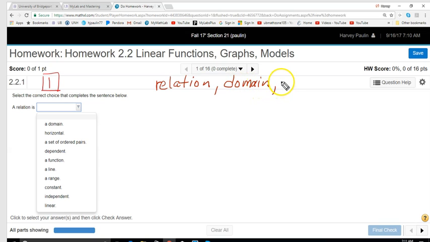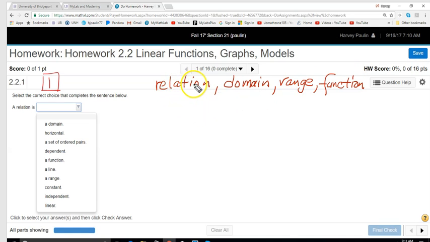Another word is range. And the last word we used was function. Now in mathematics, all these have a special meaning, and we'll just give you a quick review.